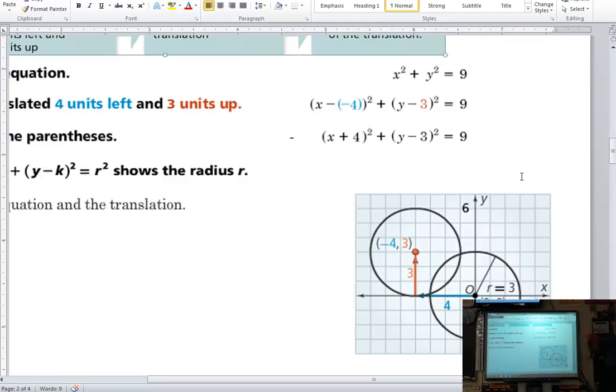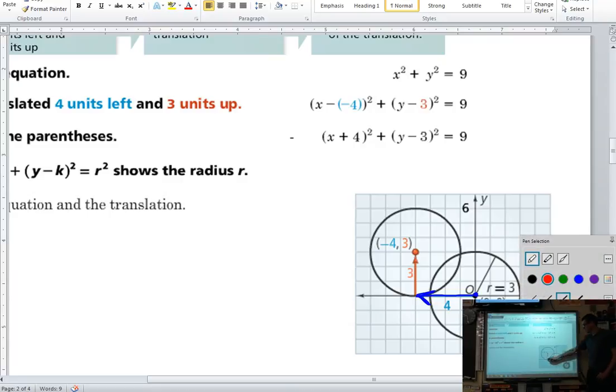When you plug in that h and that k, what you're plugging in is how far over we've gone for an h and how far up we've gone for a k, and then that has to be equidistant out regardless of what direction you look.